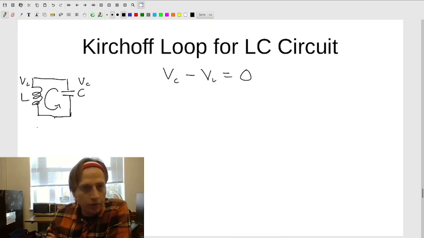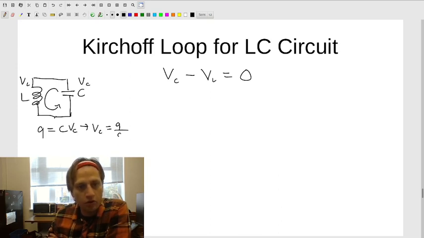Now, remember our rules here are that Q equals C times V. So that'd be the voltage across the capacitor. So the voltage across the capacitor is going to be Q over C. So this is Q over C. And then the voltage across the inductor is that Faraday's law of voltage.